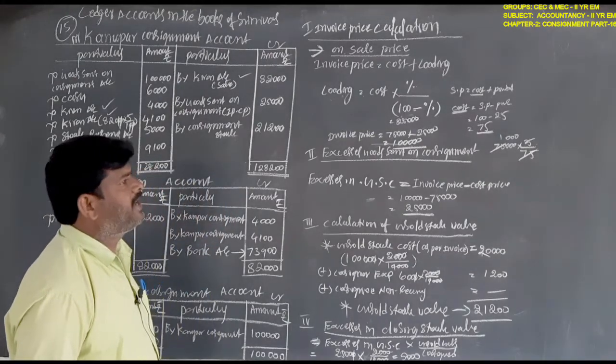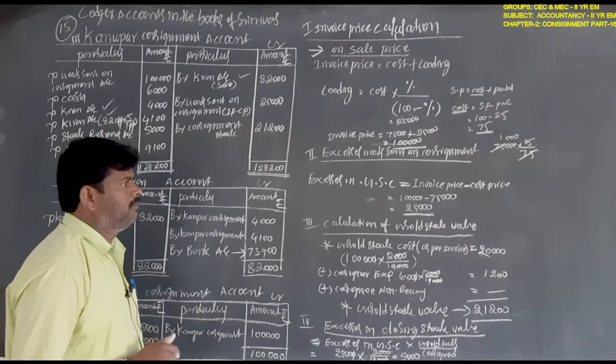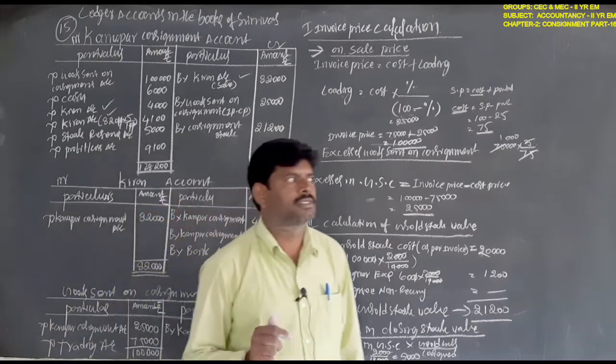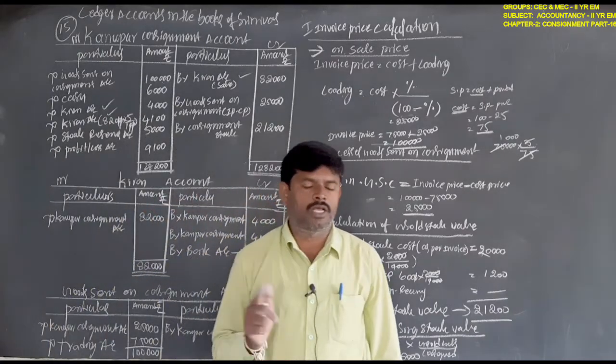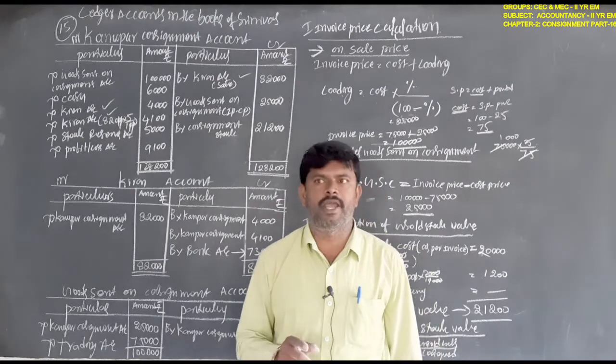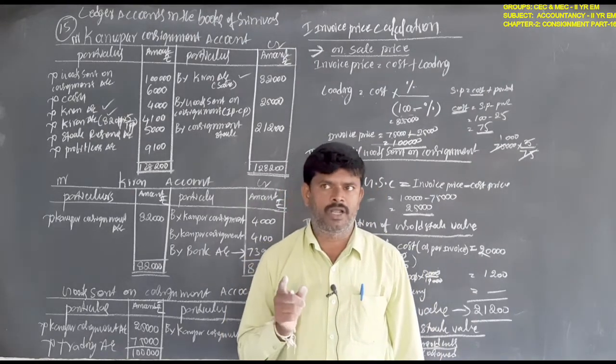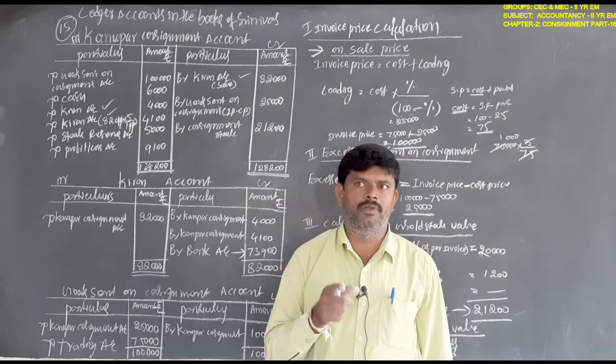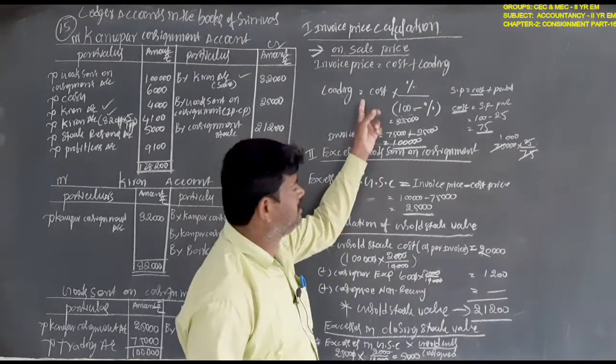Remember one thing. You have to identify in the problem invoice price, profit on cost price or profit on sales price. Profit on cost price, the principle will be changed for loading.